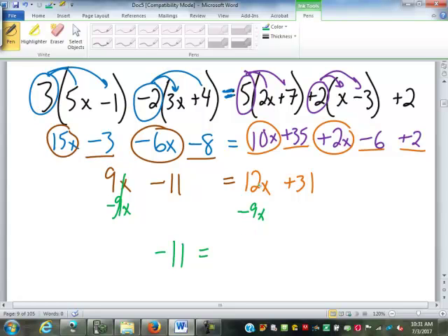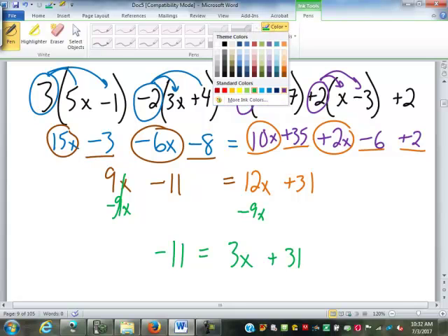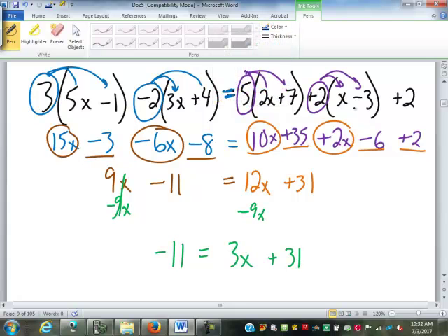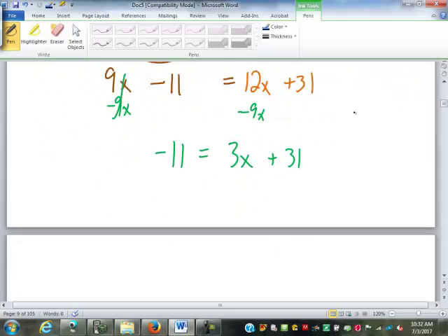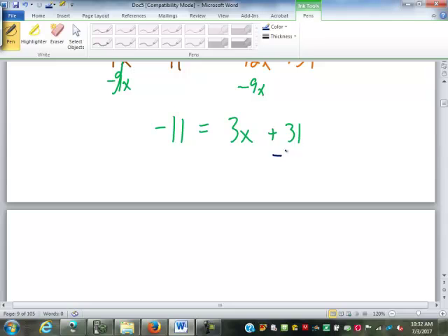Now we have to subtract 9x from the 12x on the other side. 12x minus 9x is 3x, and a positive 31. And then subtract 31. -11 minus 31 is -42. -42 equals 3x.